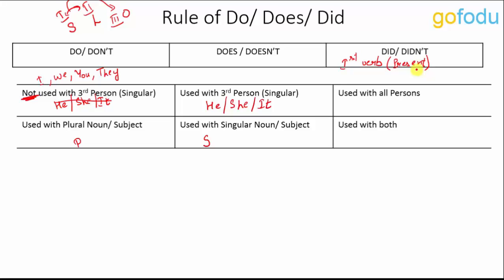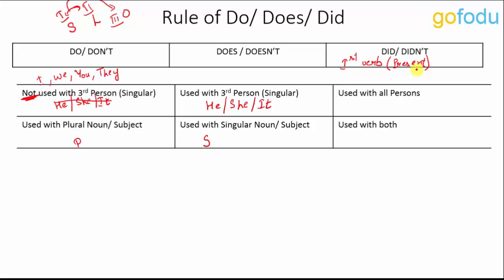Past, that's the second form that shows that something has happened. Past participle, that's the third form that shows that something has happened a long time back. So with did, always and always the first form of the verb will be used. Did he buy apples? Okay. This is a very important point. A lot of people make mistakes in it, especially in speaking.